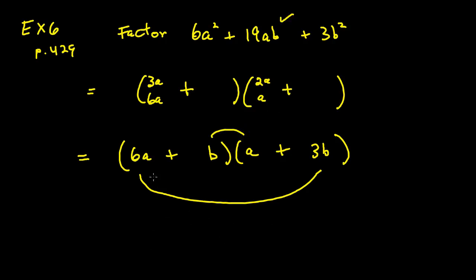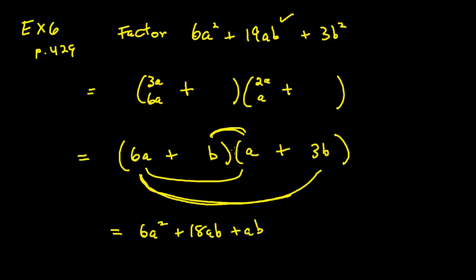All right, so I think this will work. Let's check it. 6a times a is 6a squared. The outer product is 18ab. The inner product is b times a, or I'll call it plus ab. And the last product, b times 3b, is plus 3b squared. So indeed that does check with what I need.